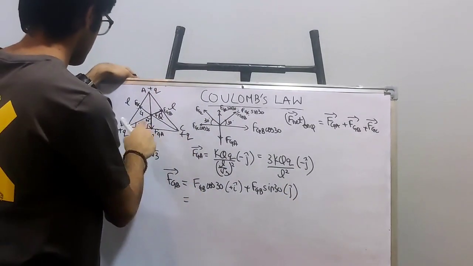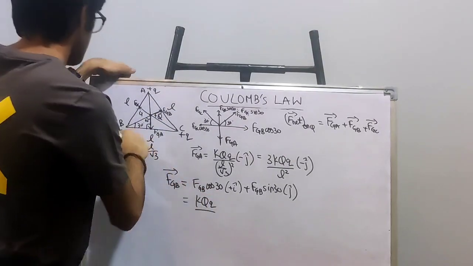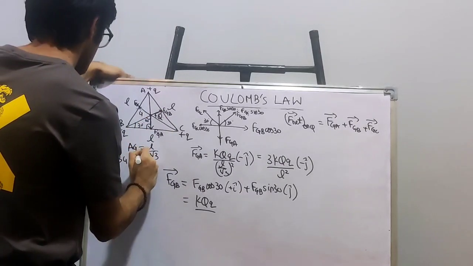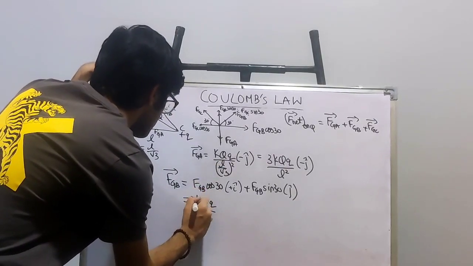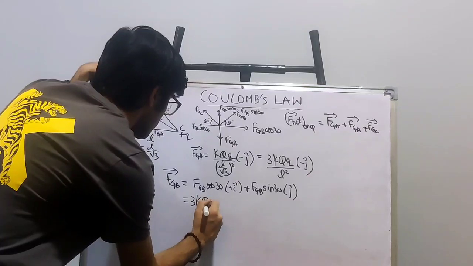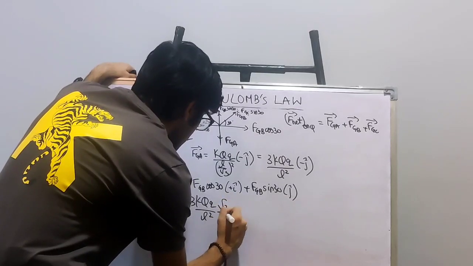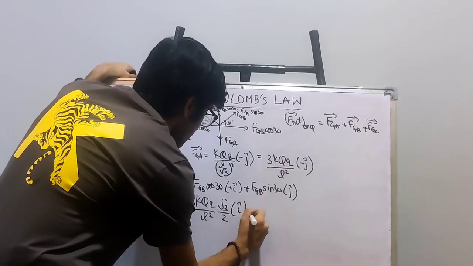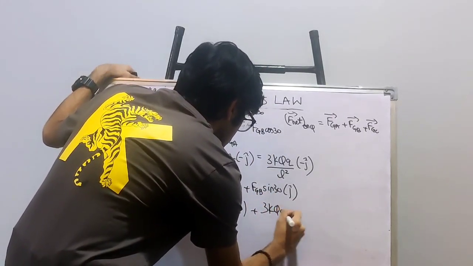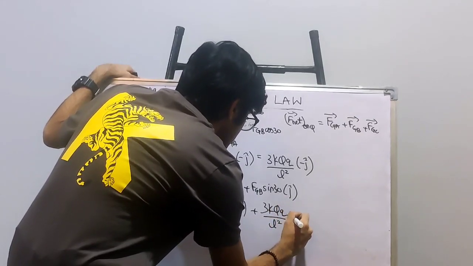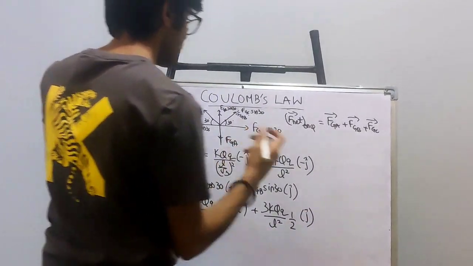This is G and this is B, right? So FGB would be KQq upon, again, BG here is also L by root 3 since it is an equilateral triangle. So L by root 3 whole squared, again the same thing, so 3KQq upon L square. Cos 30 is root 3 by 2, I cap, plus 3KQq upon L square, sin 30 is 1 upon 2, and this is J cap.